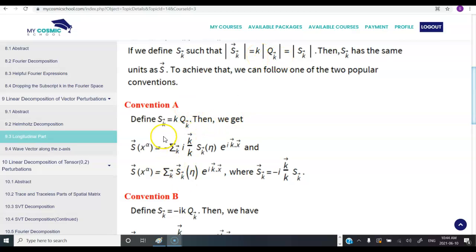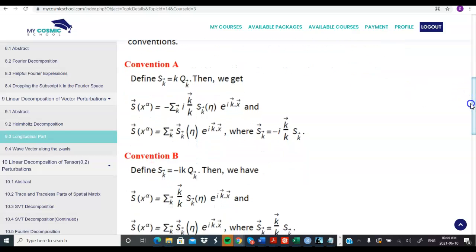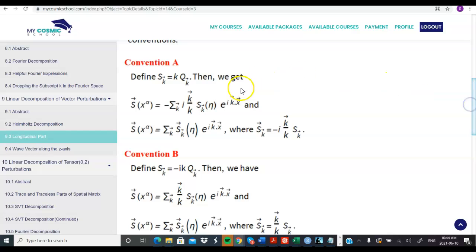So there are two conventions. Convention one is that you write sk like this, and convention two is that you write sk in this manner. In both cases we are honoring this equality, k times the absolute value of qk is the absolute value of sk, and this is a convention followed by cosmologists.